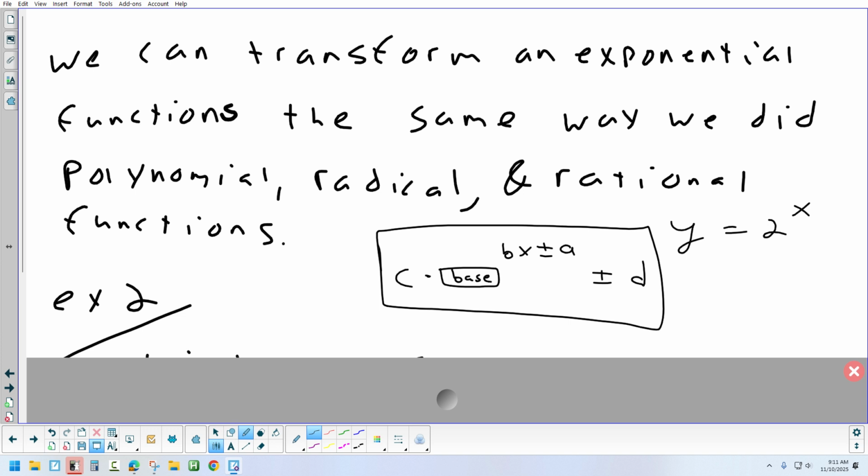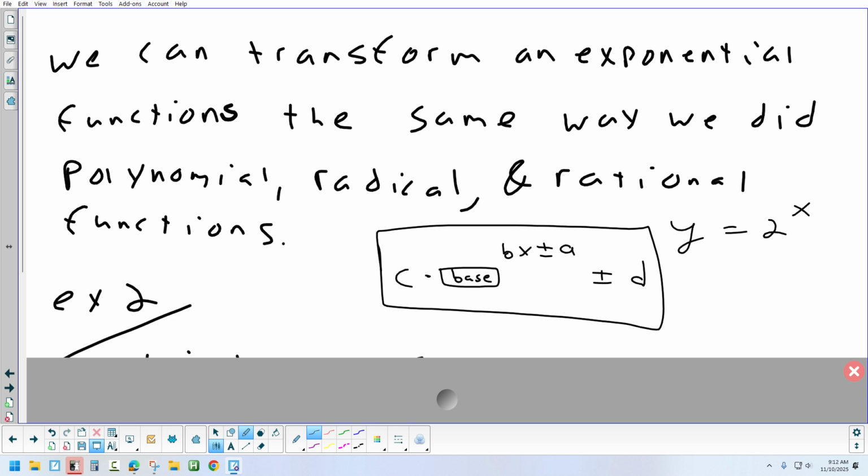I know you have to replace the word stretch with something else. You would say horizontal stretch by a factor of, but how much? It wouldn't be 2. Yep. It would be a half.